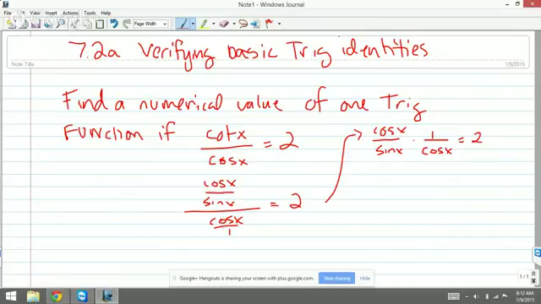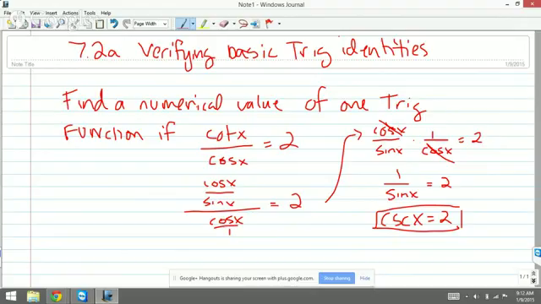You're going to use that a lot, so get used to it. Yeah, and then you can cancel the cosines, right? And what's that answer? Cosecant. That is it. You've just simplified it to one trig function.